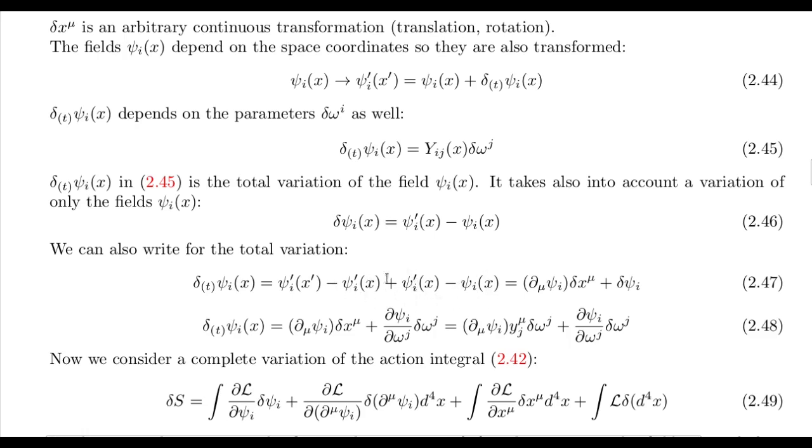Here psi prime, and here x prime. So we can write for the change in the psi function: we differentiate that and multiply that by the delta x, norm variation. And this delta psi, that is only the variation in the fields here.